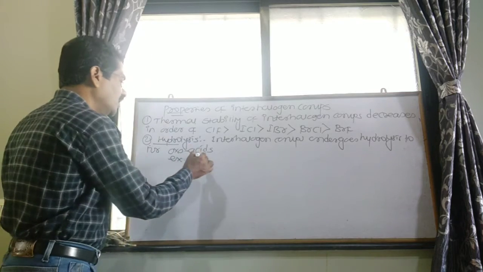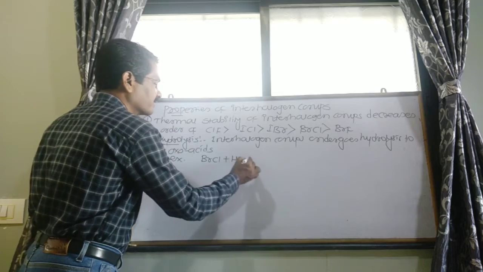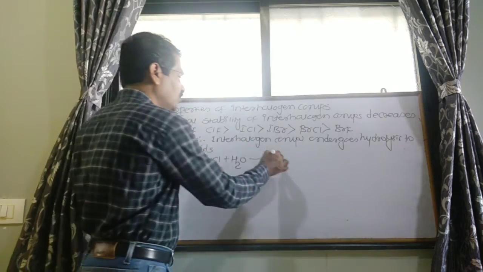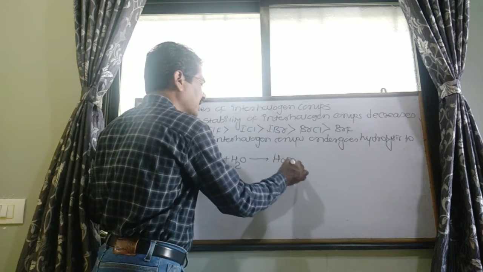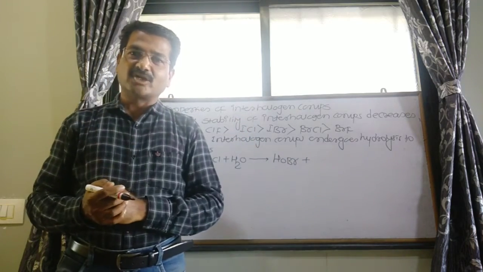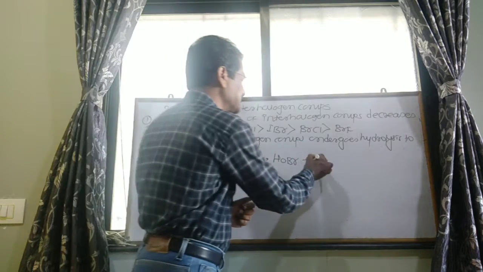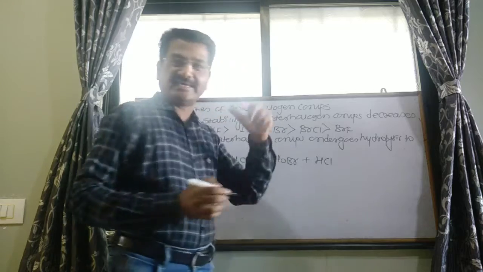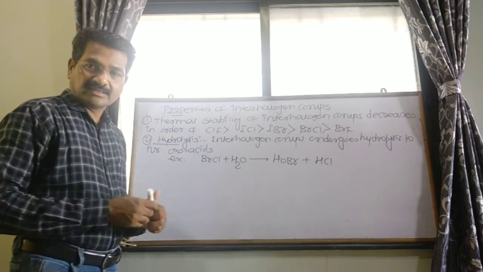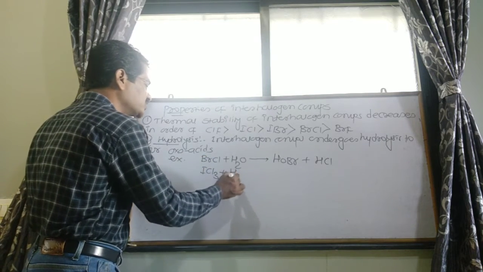For example, bromine chloride dissolved in water forms HOBr, the oxoacid, plus HCl. Then the second one is ICl3 plus H2O.